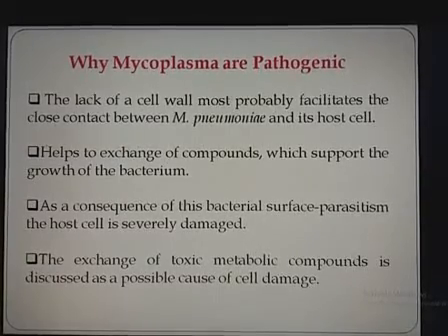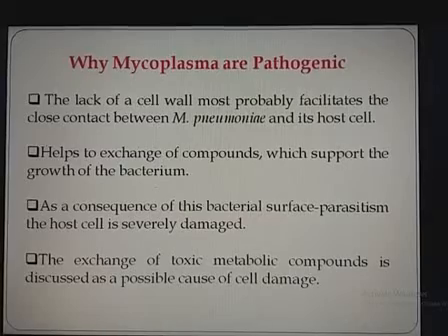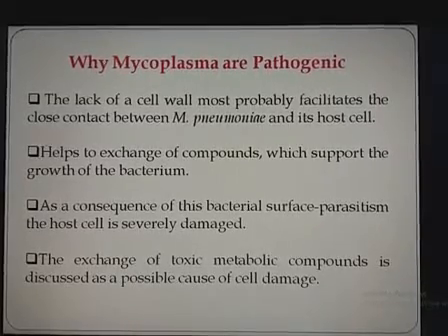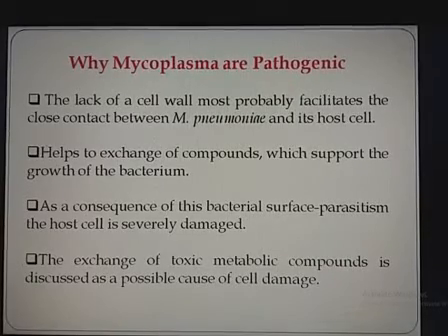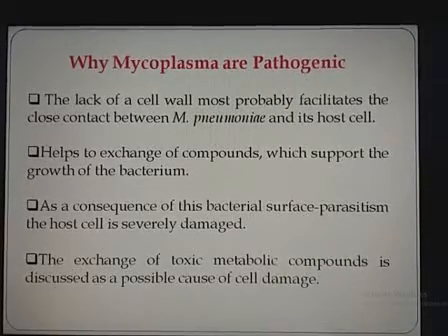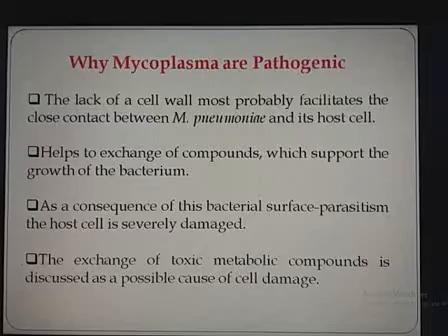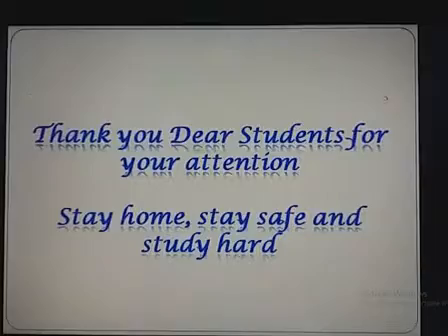As a consequence of this bacterial surface parasitism, the host cell is severely damaged. The exchange of toxic metabolic compounds is discussed as a possible cause of the cell damage. So the toxic agents found in the bacterium are transferred from the bacteria to the host cell, and ultimately the toxic substances damage the host cell.